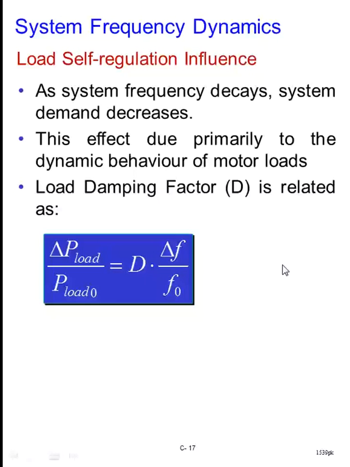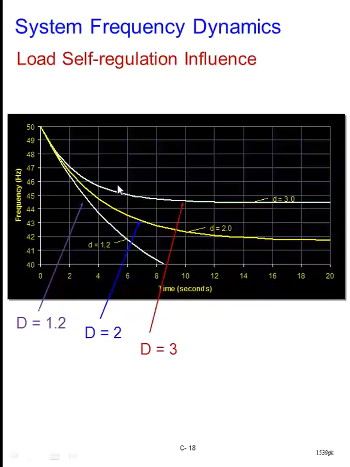So this is again for a given H parameter. You can see that for different amounts of D, if you have a smaller D, smaller self-regulation from the induction motors, then the drop in the frequency is larger.